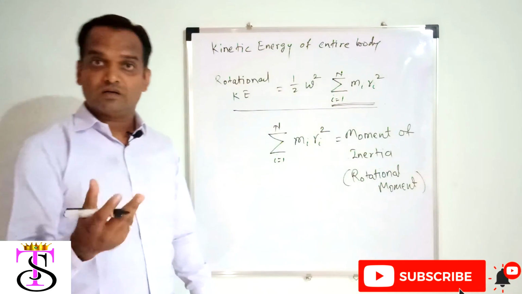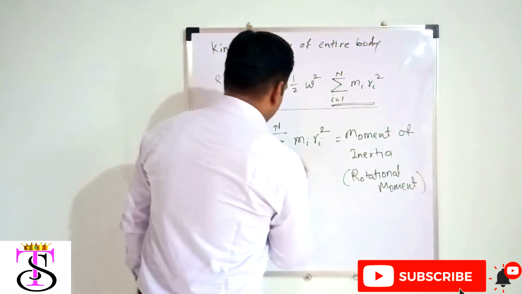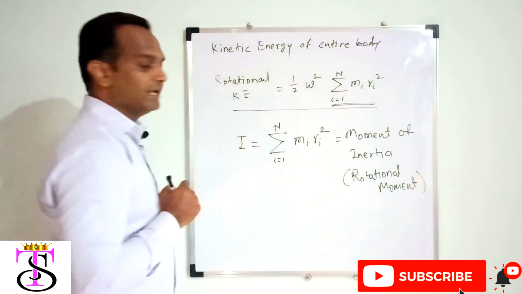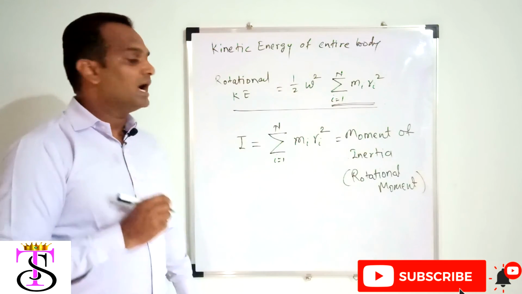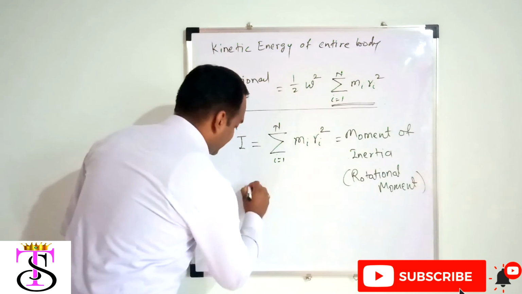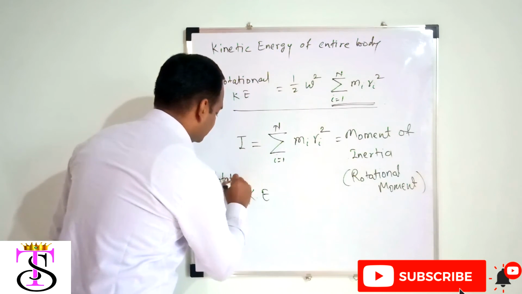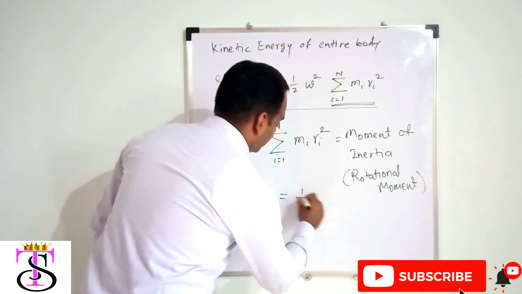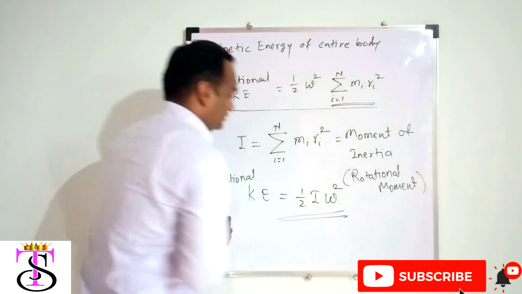This is denoted by the capital letter I. The moment of inertia is denoted by capital I. So substituting this, we can write the rotational kinetic energy is equal to 1/2 I omega square.